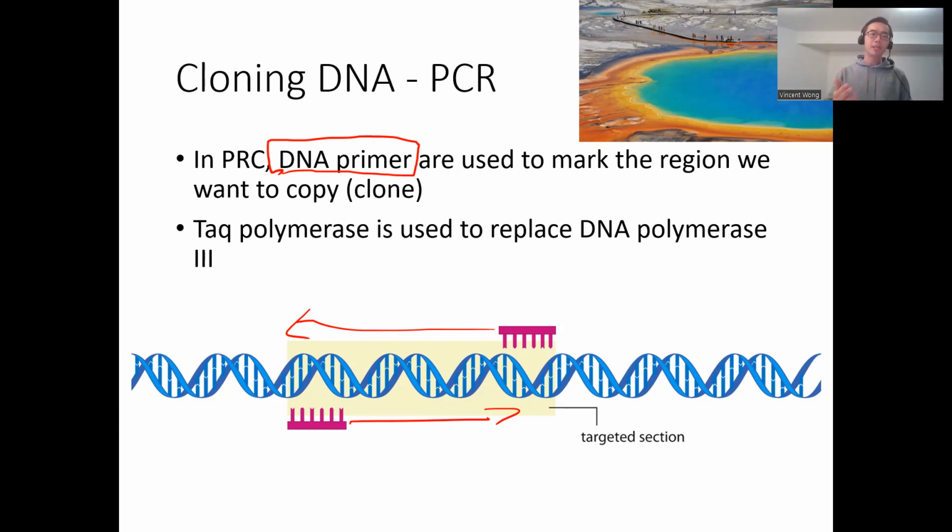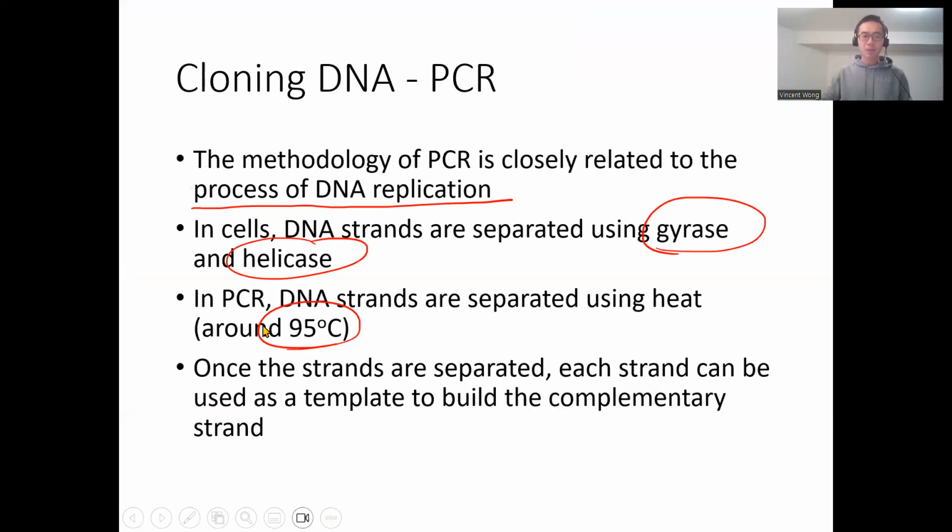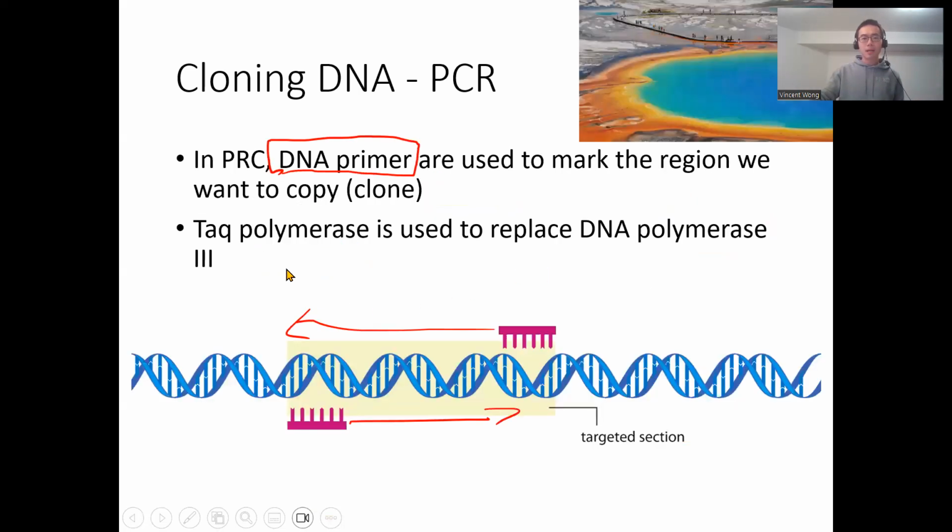But in PCR, because we are heating up the tubes to like 95 degrees, if you use polymerase 3, it's going to break down at that temperature. Polymerase 3 is adapted to operate at body temperature, which is 37. If you heat it up to 95, it's going to break down. So we have to use a different kind of polymerase called the Taq polymerase.